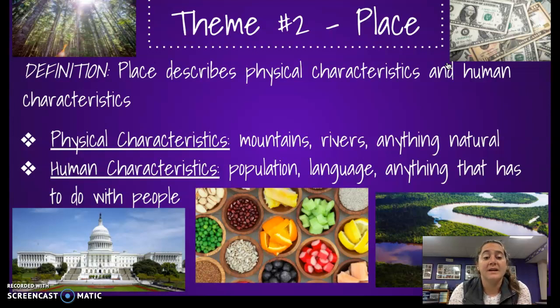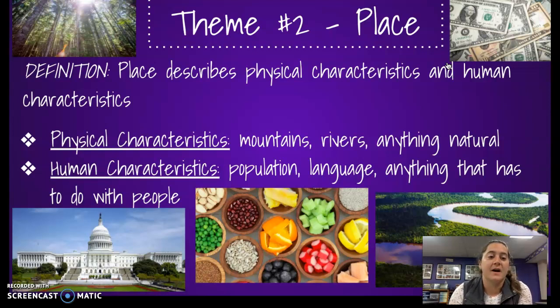Then when it says human characteristics, we're talking about population, language, schools, food, all of those have to do with the people, anything that has to do with the people.